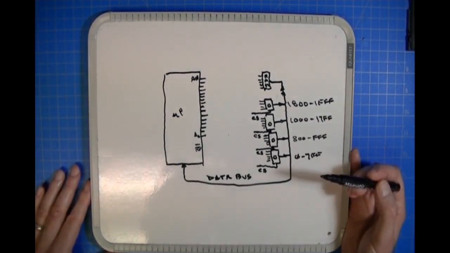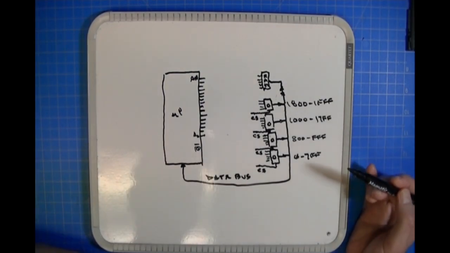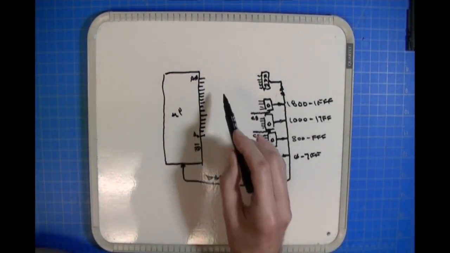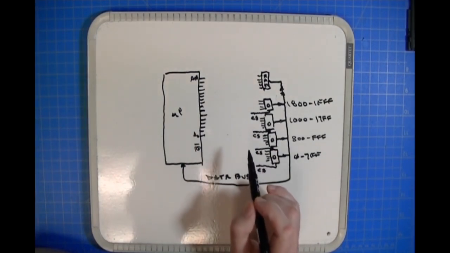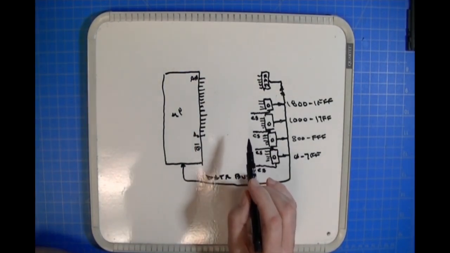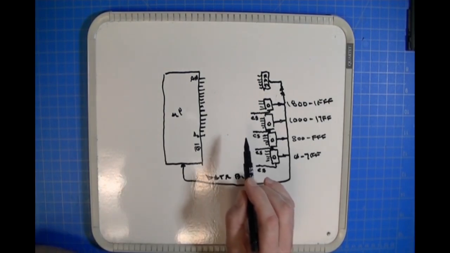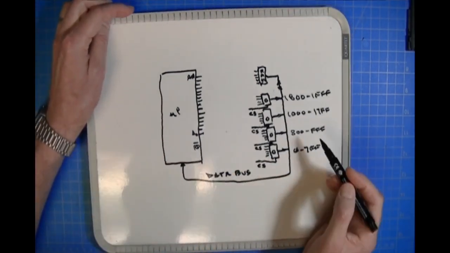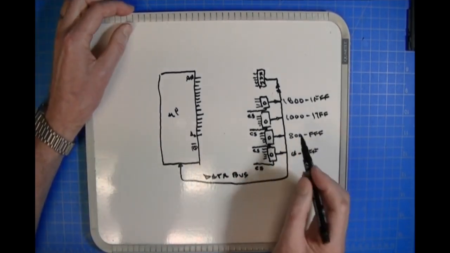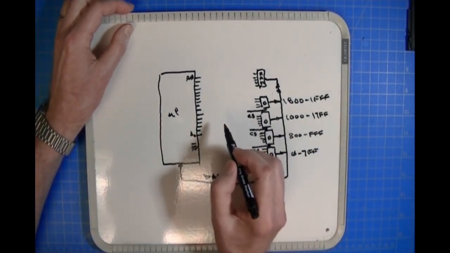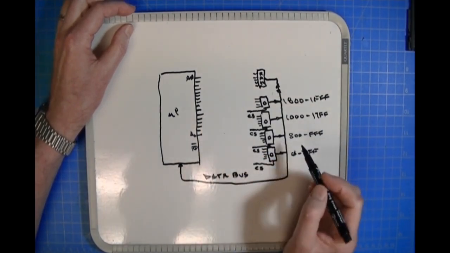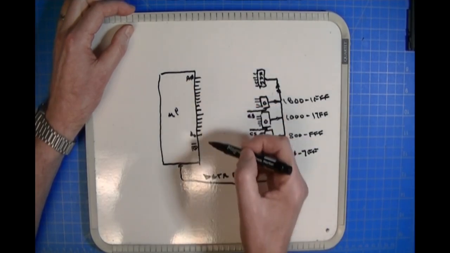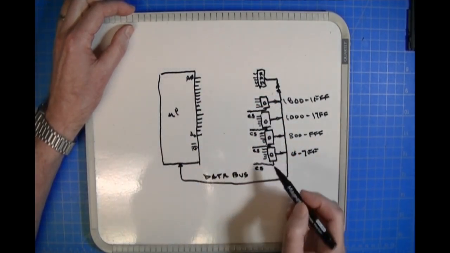But bipolar PROMs were widely used in order to do the decoding of the address lines. So how does that work? Well, if you were a designer, you would take a bipolar PROM and put it in between your address lines. Normally, all of the address lines go in parallel to all of the memory parts.